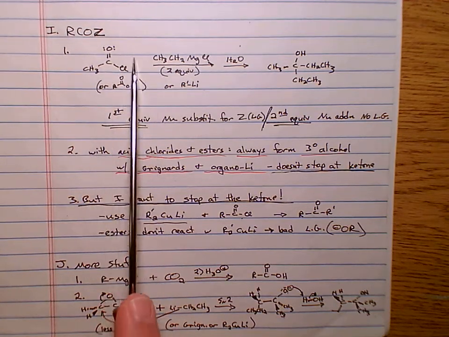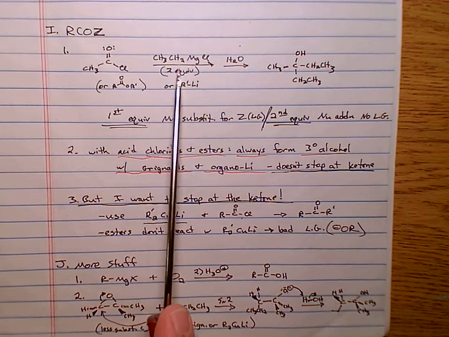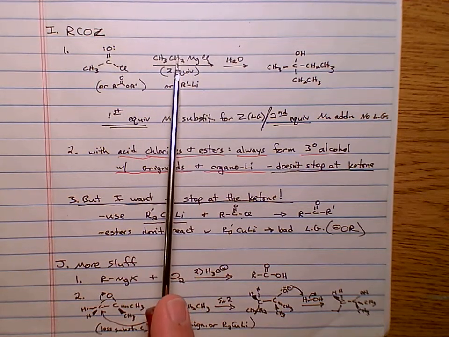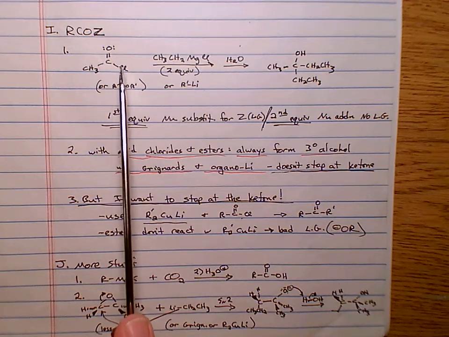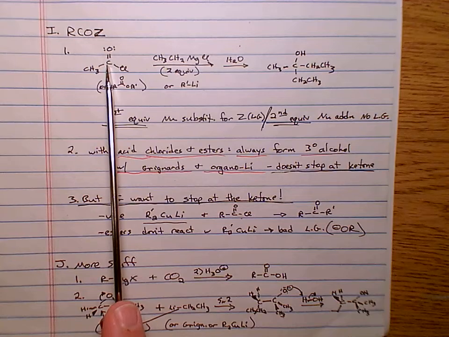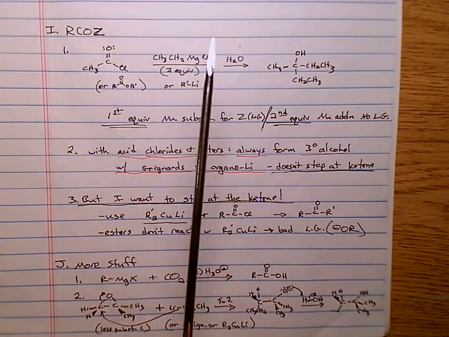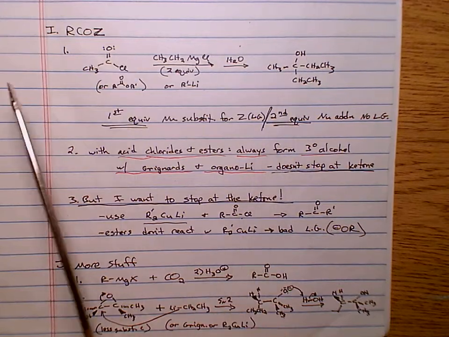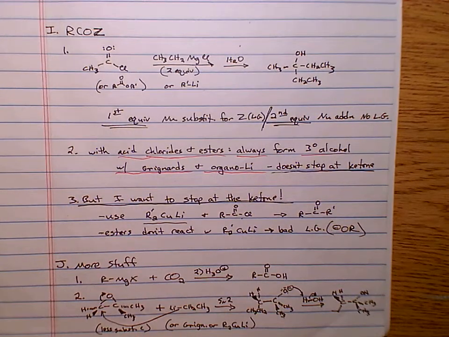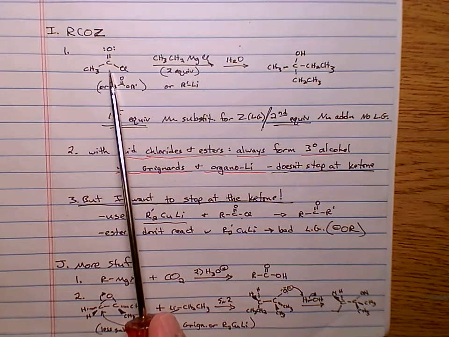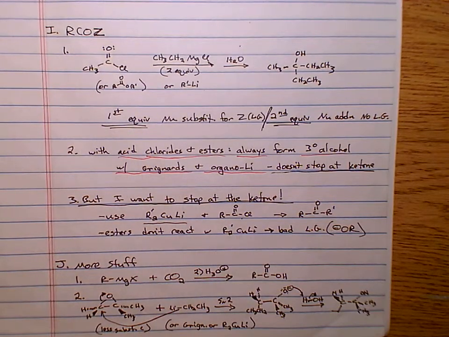You have some of the ketone in there, and you still have some of this reagent in there, and so some of this will attack the ketone, some of it will attack this. You'll end up with a mixture of unreacted starting material, the ketone, and the tertiary alcohol all mixed in there together, and it's just a mess. So you really do have to add the 2 equivalents. There's no way to stop it from going to the ketone.